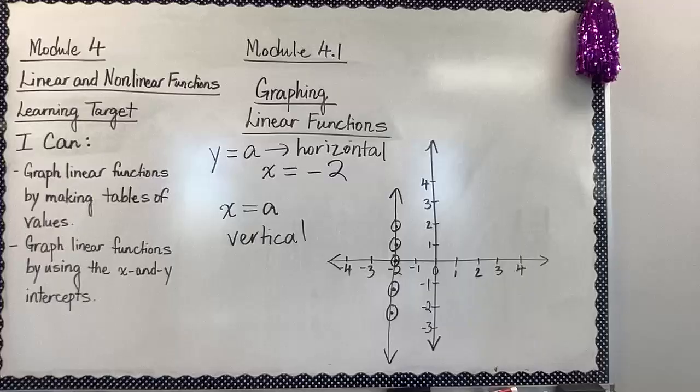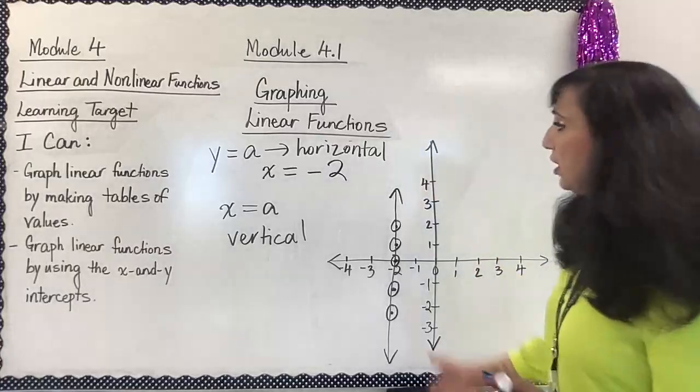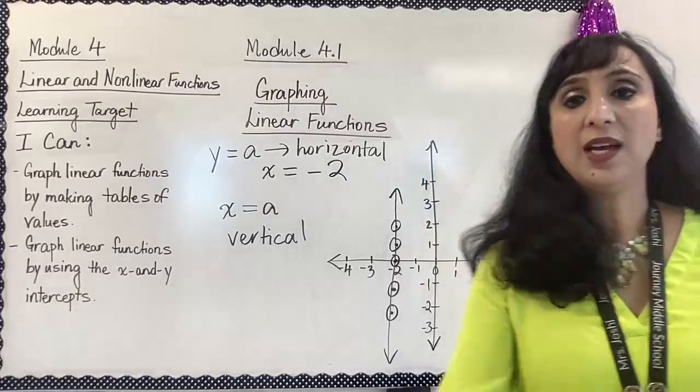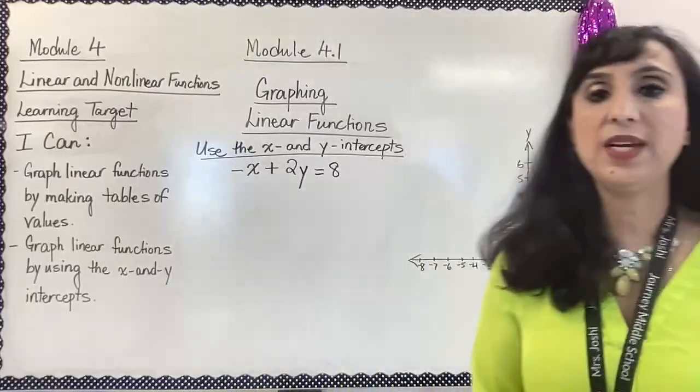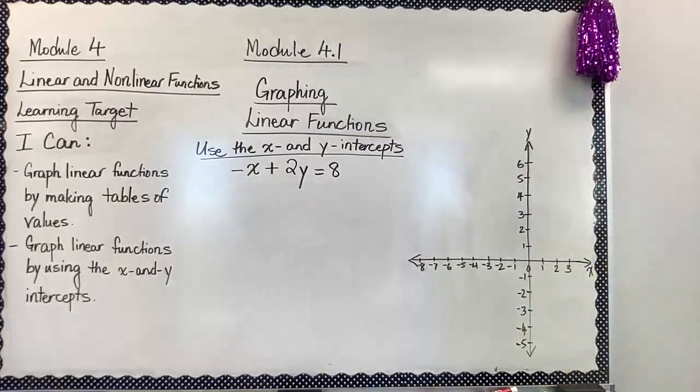Through negative 2, y for all real values of y. And when we graph the ordered pairs that have x-coordinates of negative 2 and connect them, we get this vertical line. Okay? So the next thing we are going to do is graphing by using the intercepts.